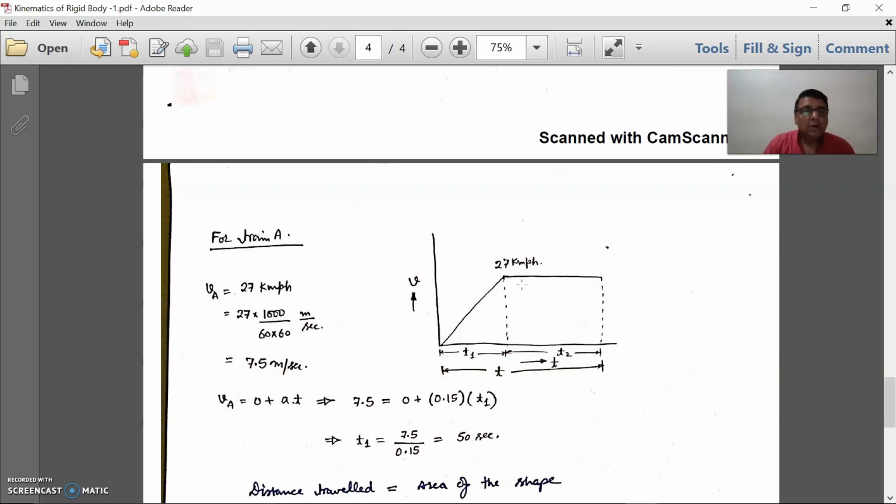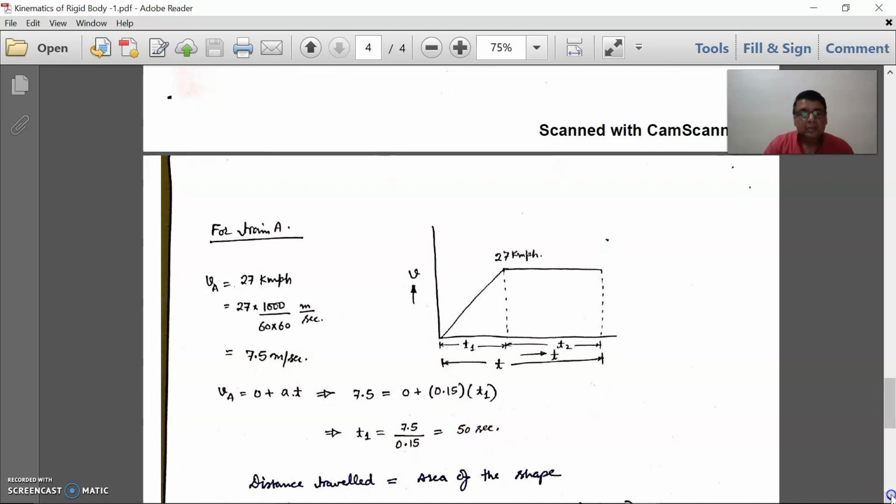Now if we draw the diagram for train A, train A reaches the maximum speed of 27 km per hour, which comes out to be 7.5 meter per second. The initial velocity was 0 and the final velocity was 7.5, reached in time t1, and that time t1 is 50 seconds.